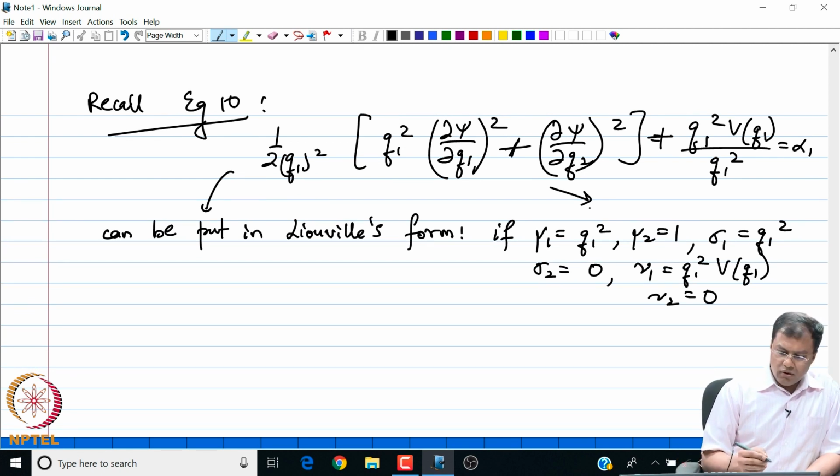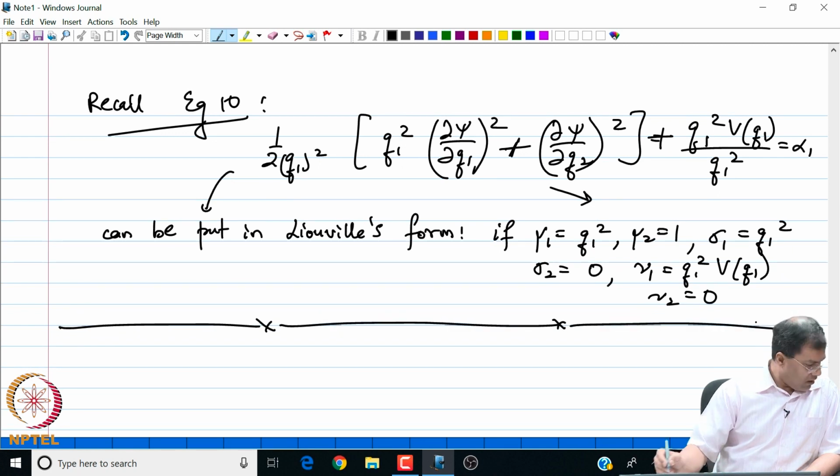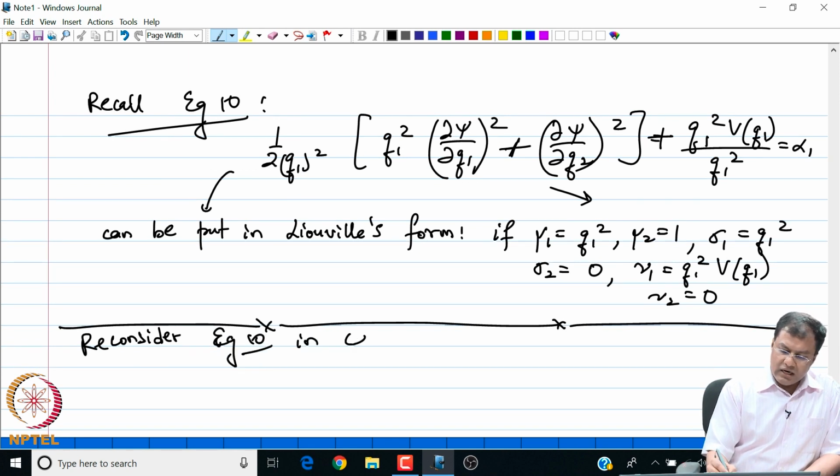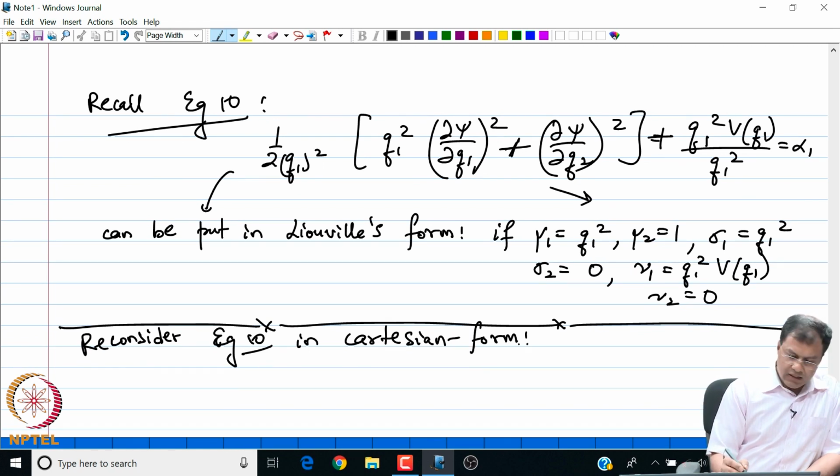Okay. So that is the end of this discussion, but let us also reconsider this problem, example 10, in Cartesian form. Notice what is happening in the Cartesian form.